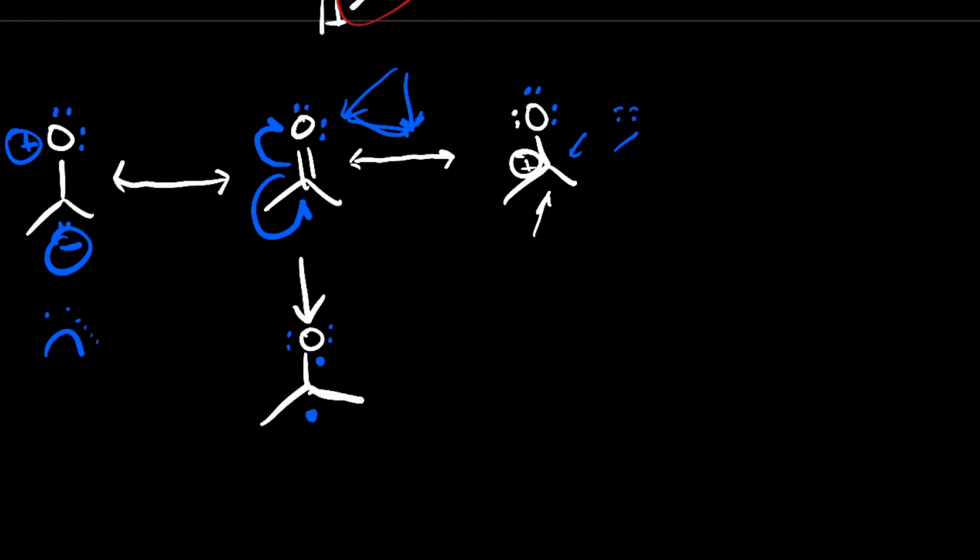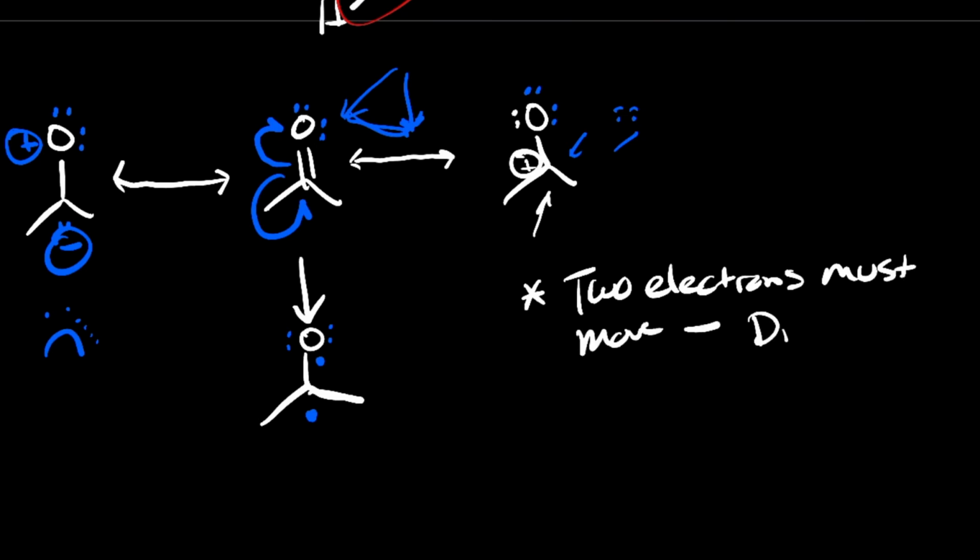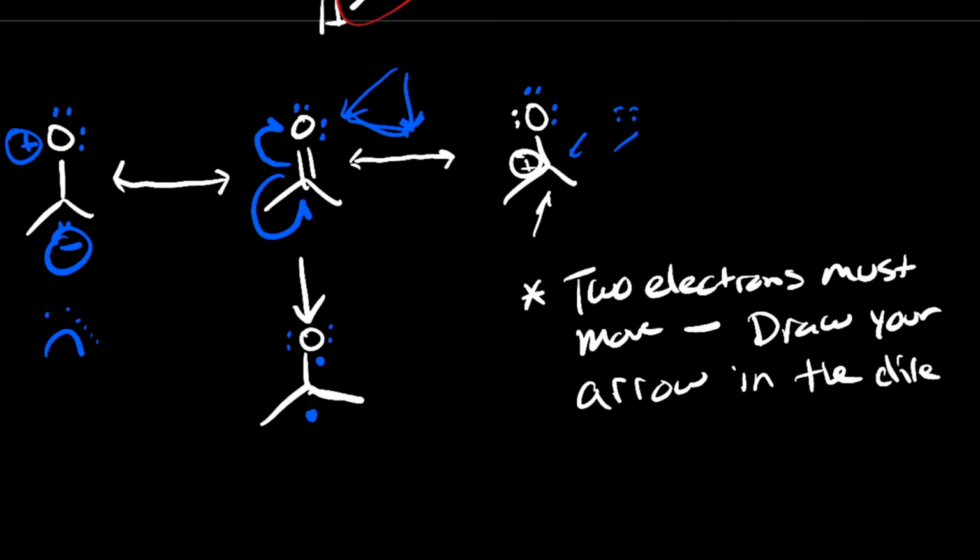But the key take-home for this is 2 electrons must move, okay? And you need to draw your arrow in the direction they move.